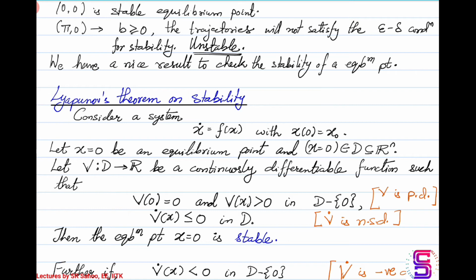Then what it tries to do is construct an energy-like function, depicting the energy of the system, and see what happens to the energy as the system evolves autonomously. If this energy does not increase, that is, it is a non-increasing function, then the equilibrium point is classified as a stable equilibrium point.